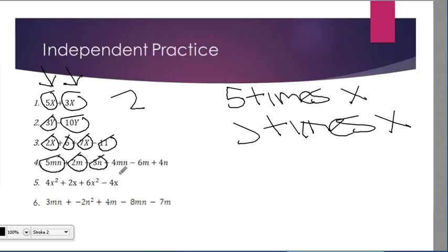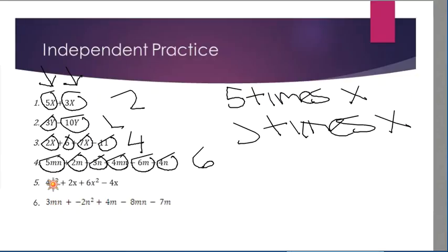We have 3 times n. We have 4 times n, m times n. We have 6m, and we have 4n. So for question number 4, there are 1, 2, 3, 4, 5, 6 terms. Okay, there's 6 terms for this one, 4 terms for this one, 2 terms for this one.